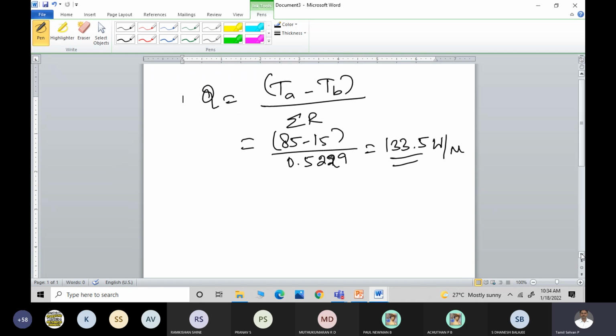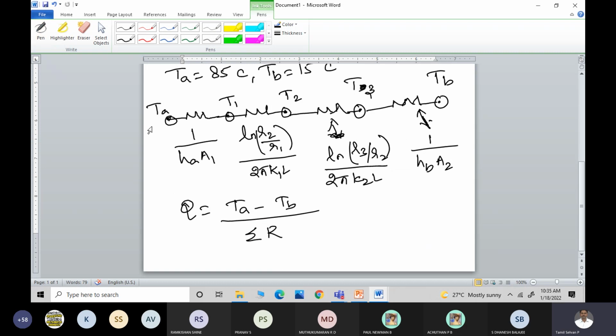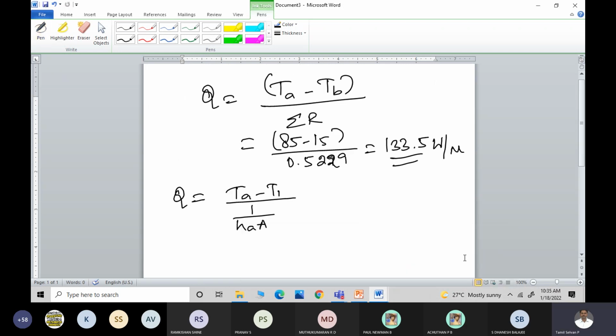Now the second one is similarly Q equals (TA minus T1) divided by 1 by HA into A1, the first resistance.